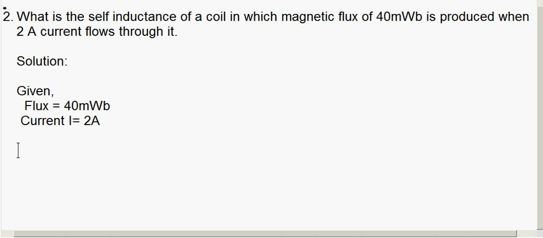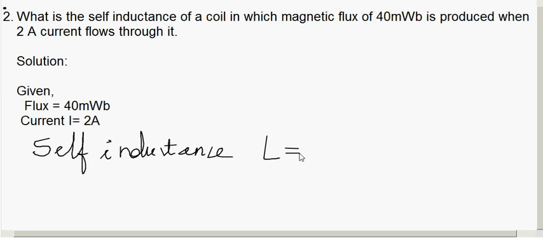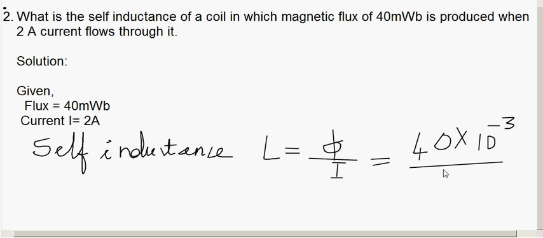Now calculate what is self-inductance L. We have the equation. Self-inductance is given by phi by I. What is phi? Phi is flux, that is 40 milliweber. Milli is 10 to the power minus 3 divided by 2.